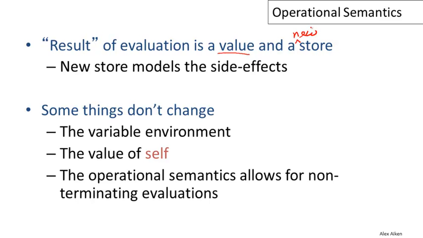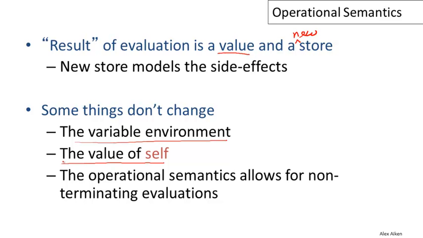And notice again that some things don't change as a result of evaluation, and this is actually important for compilation because we'll be able to take advantage of the fact that they don't change to generate efficient code. So the variable environment doesn't change, the value of self, which object we're talking about, doesn't change. And notice here, as another detail, that the contents of the self object, the attributes inside the self object, might change. They might get updated, but the locations where the attributes are stored do not change.